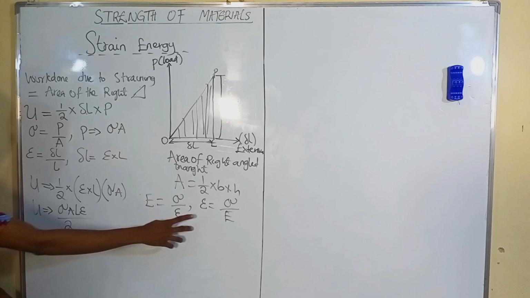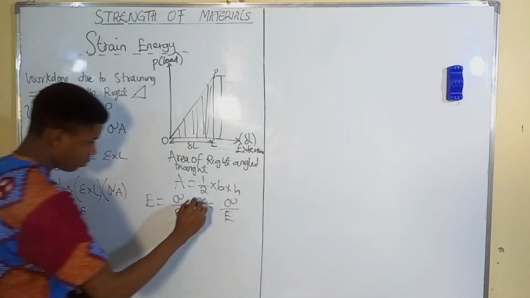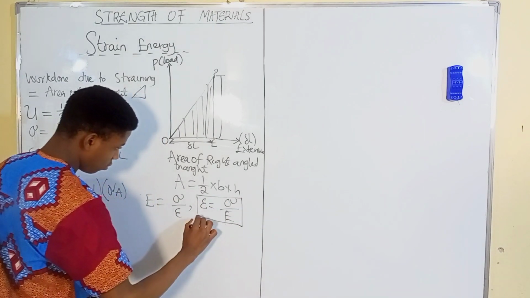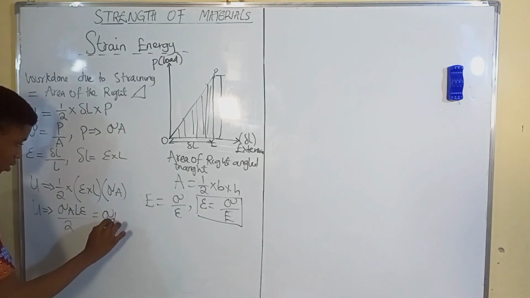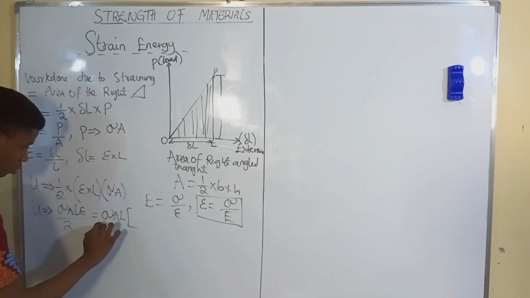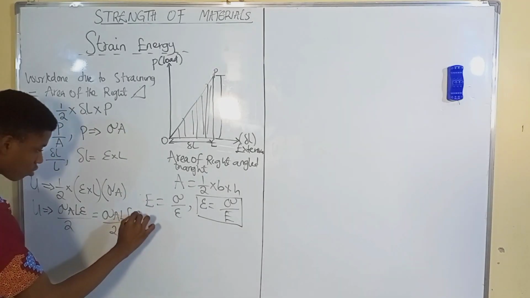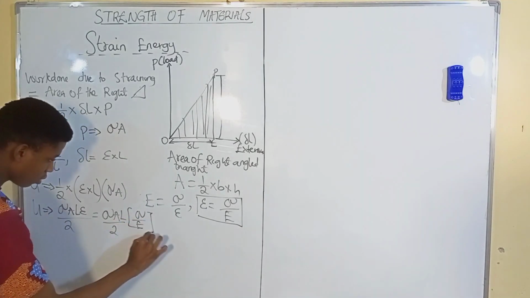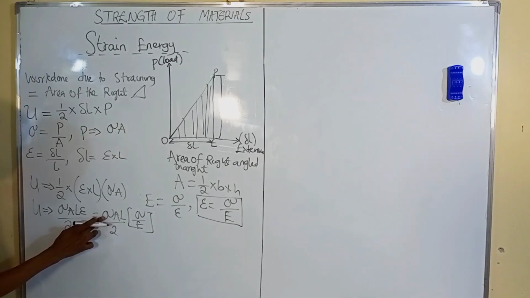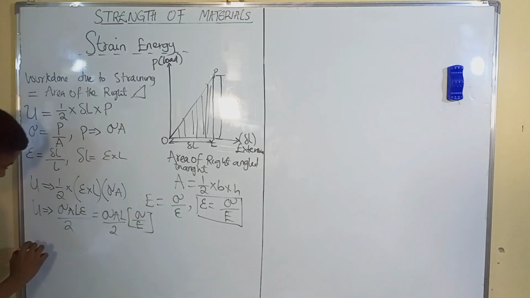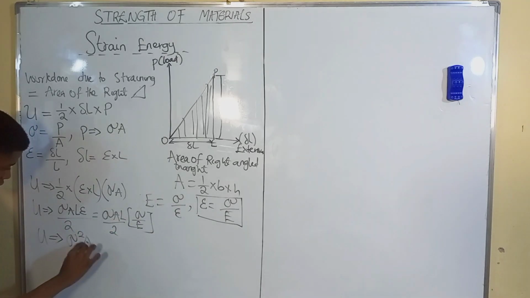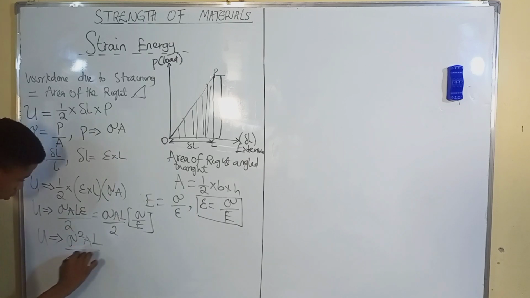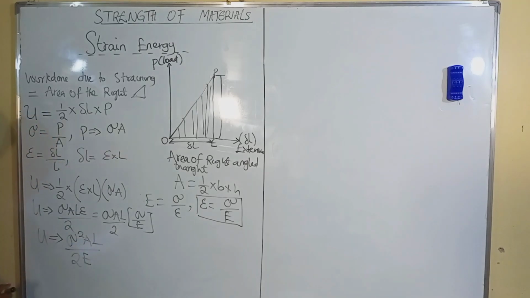Now let's substitute the value of this strain into this equation. We have the stress, the area, the length, all over 2, multiplied by the stress over E. This stress multiplied by this stress gives us that the strain energy is equal to the stress squared, the area, the length, all over 2E.